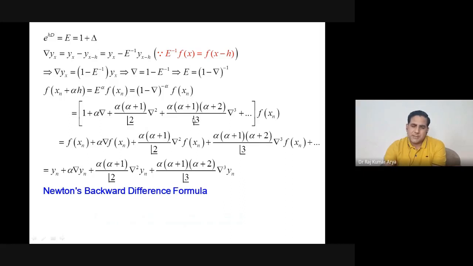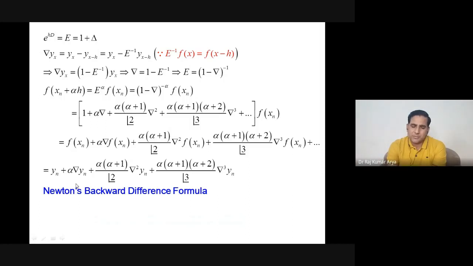This is again the same, only in the previous one you had alpha minus 1, alpha minus 2. Here you have the terms with plus, and these come from this derivation only. So these values are from your backward difference tables. Alpha would be calculated from your given data points, that is, how much away you are in terms of your given interval size.